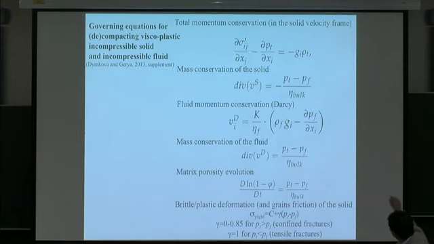Then the mass conservation equation of the solid. It's our usual mass conservation equation. Both solid and fluid here are considered incompressible, but in the right part, instead of 0, as for truly incompressible, we have a term reflecting viscous compaction, or better to say viscoplastic compaction.